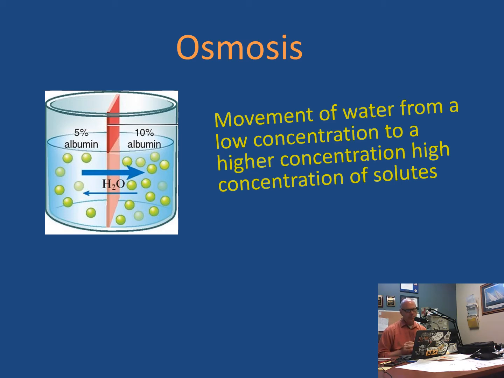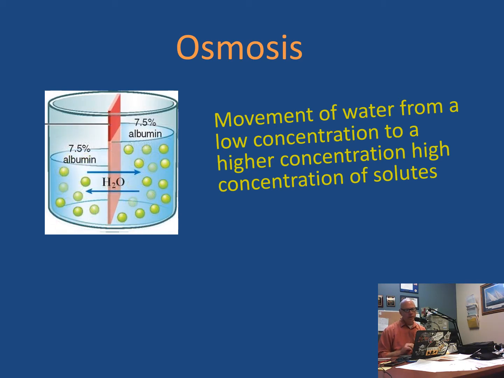So you have 5% on one side and 10% on the other, and osmosis will cause water to move from the area of low concentration, where there's 5%, to an area of higher concentration, 10%. So water will move from the left to the right, and we will see that albumin will end up being 7.5% on both sides, because in nature they will want those things to be equal.